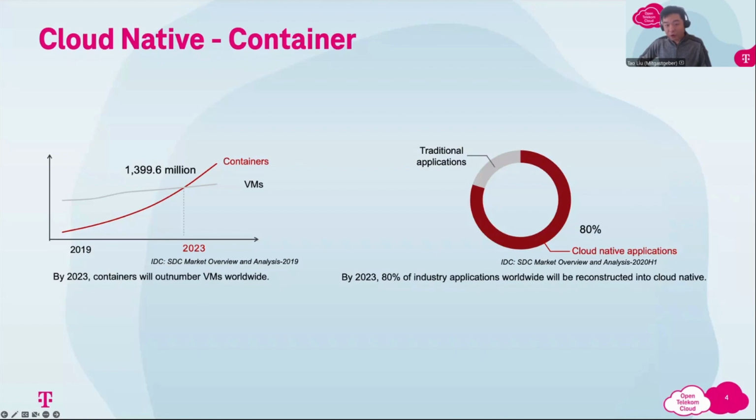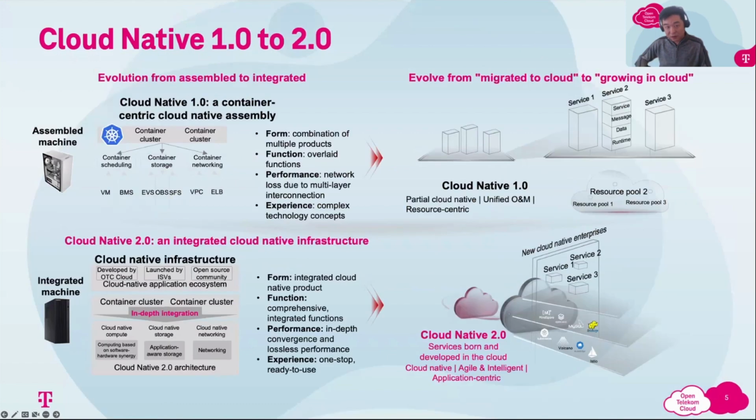According to a report from IDC, by this year, the number of containers used by enterprises will exceed the number of virtual machines worldwide. And by this year, 80% of industry applications worldwide will be reconstructed into cloud-native applications. Cloud vendors like AWS, Azure, and OTC already offer container services.